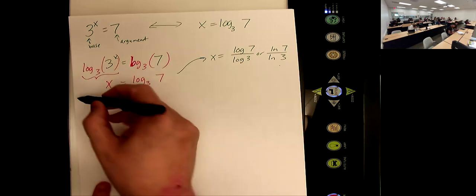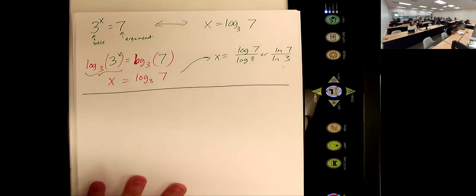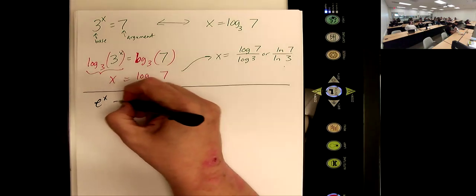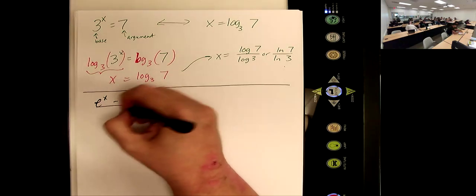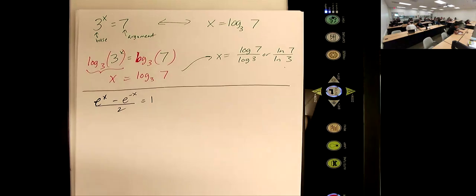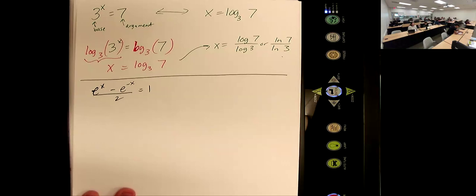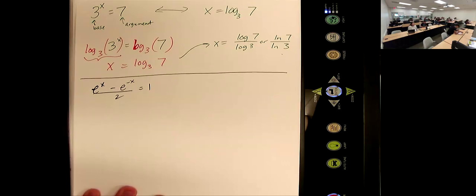This is going to be fun. e to the x minus e to the negative x, over 2, equals 1. Not yet, we don't want to do that.